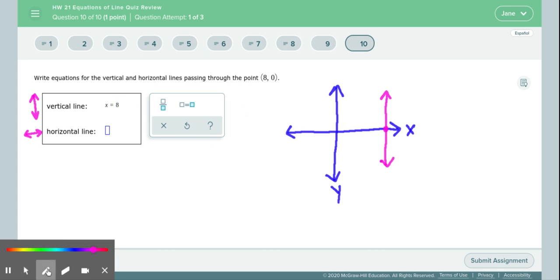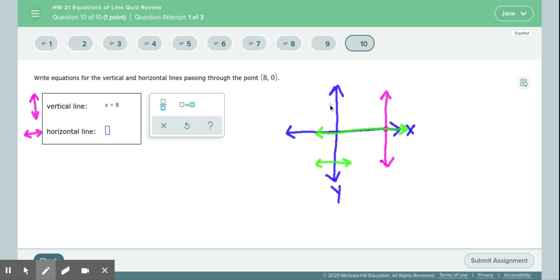A horizontal line is straight left to right. So find your point wherever you graphed it, and then draw in a horizontal line that goes through it. Had I placed it down here, this would have been more clear.